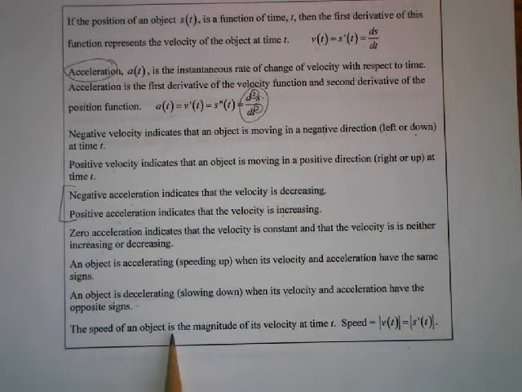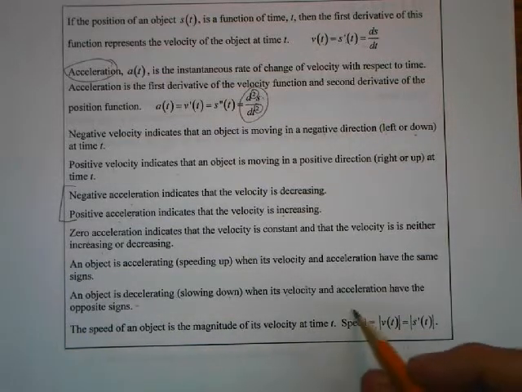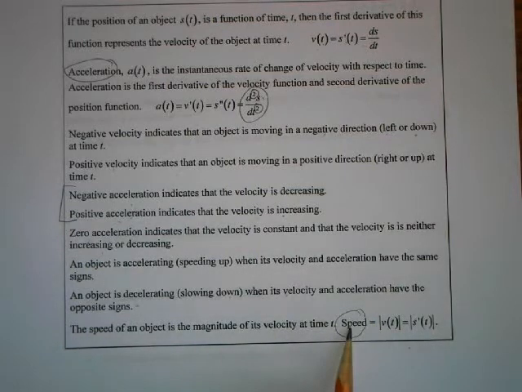And the speed of an object is the magnitude of its velocity at time t. So remember, velocity is the vector, so with speed we don't care about direction. When you take the magnitude, you're taking the absolute value, knocking off any negative signs.